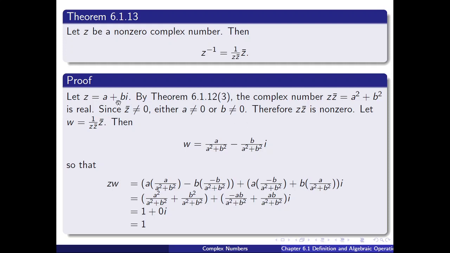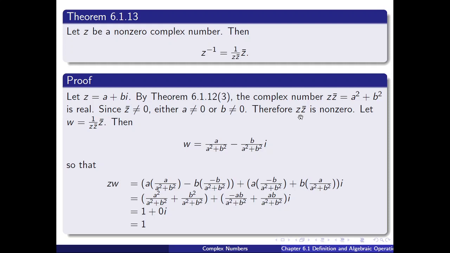So let z be equal to a plus bi. Then Theorem 6.1.12 part 3 tells us that the complex number z times its conjugate is equal to a squared plus b squared, which is a real number. And since z is non-zero, either a or b is going to be a non-zero real number.